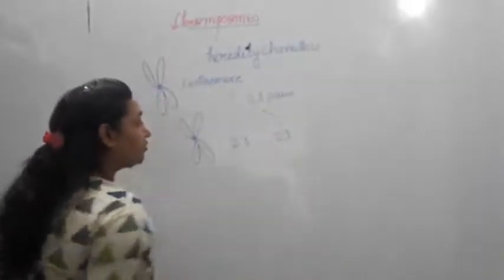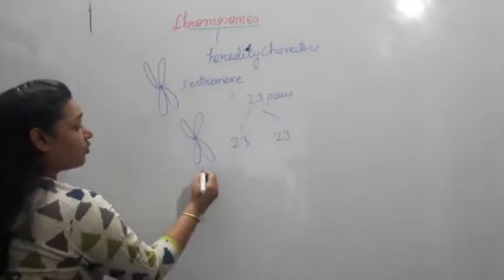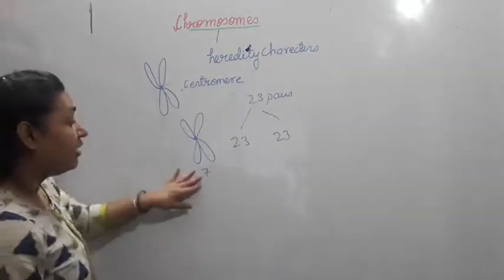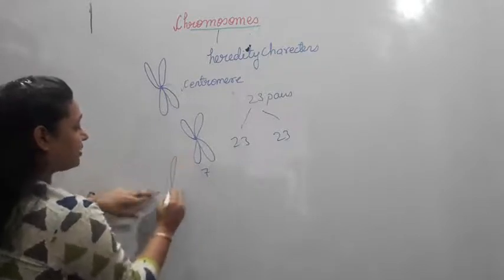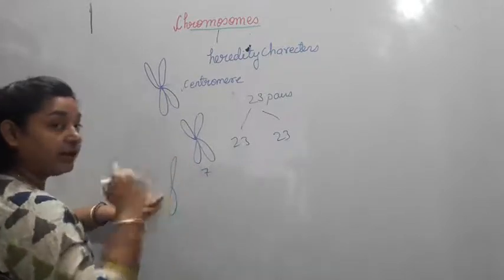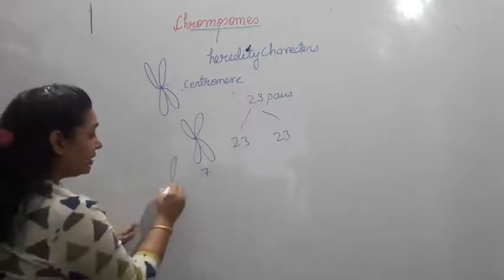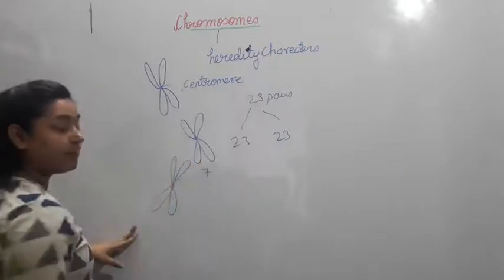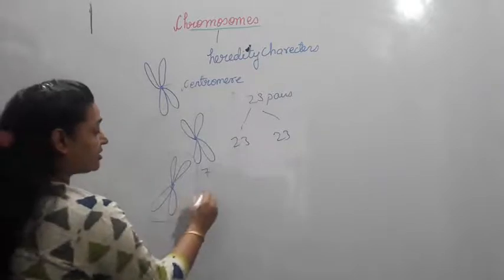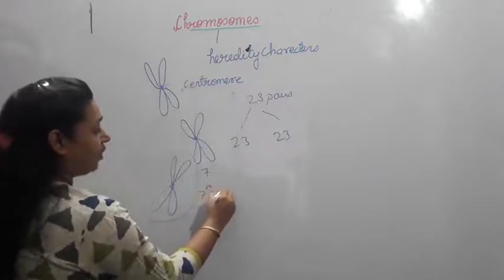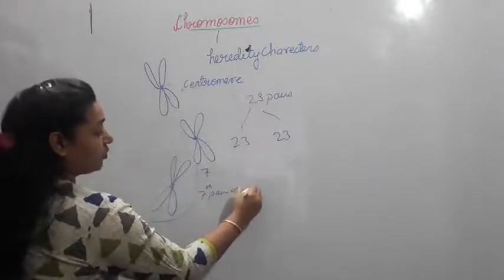In each of the gametes there are only 23 and 23. So if this is chromosome number 7, then at the time of zygote formation, the 7th chromosome of the other gamete will come and fuse over here, and this will make the 7th pair of chromosome.